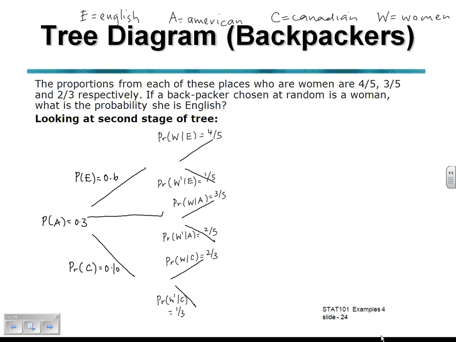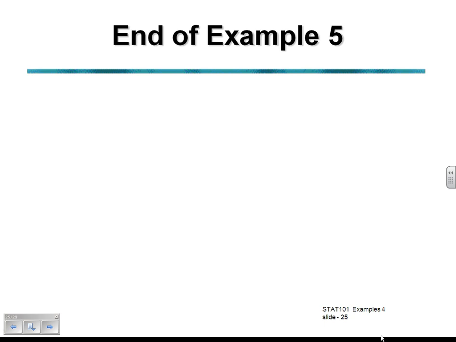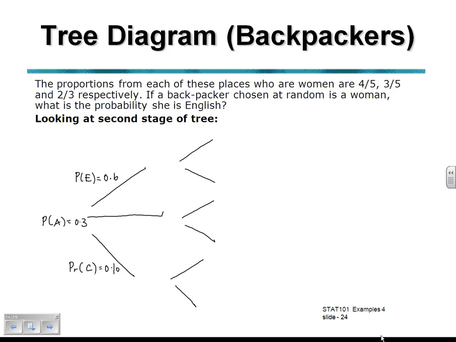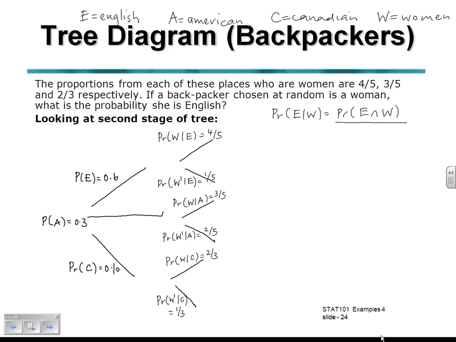The 2 probabilities for each pair of branches summing to 1. Looking again at that conditional question that we were asked, probability they're English given woman, probability English intersection woman divided by probability of woman itself. Just our modification of the standard conditional probability formula.